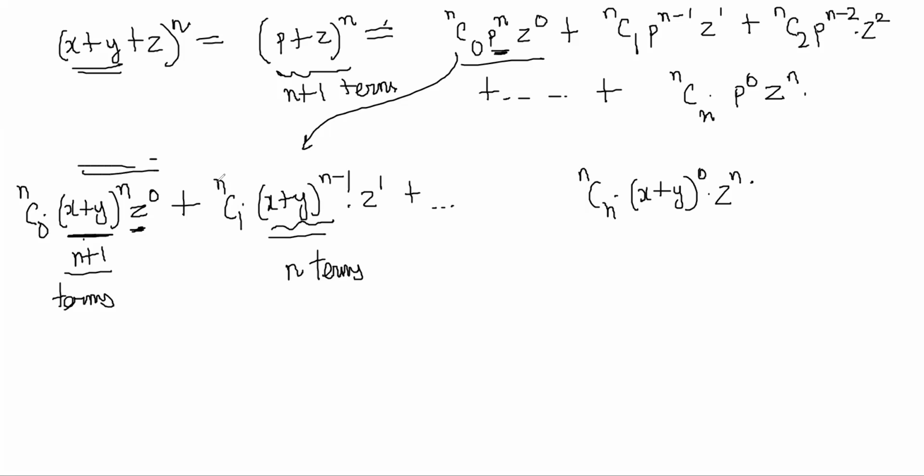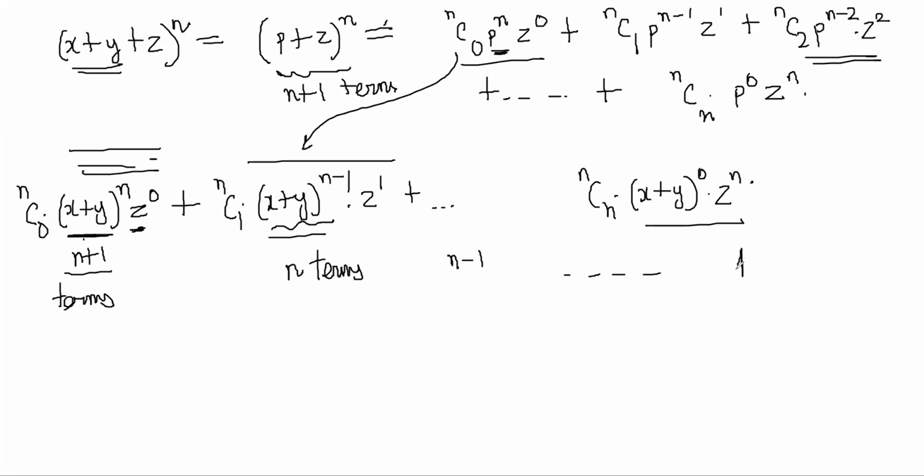Every term here will be different from every term here, because the powers are always different. So n terms here. In the next one, it will be n minus 1 terms, and so on. You have to add.